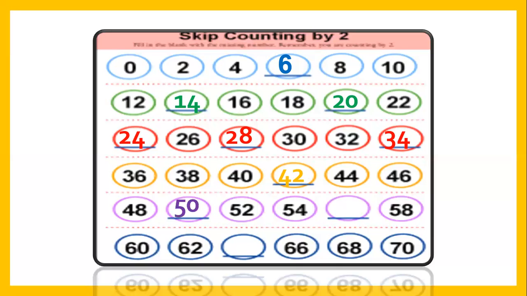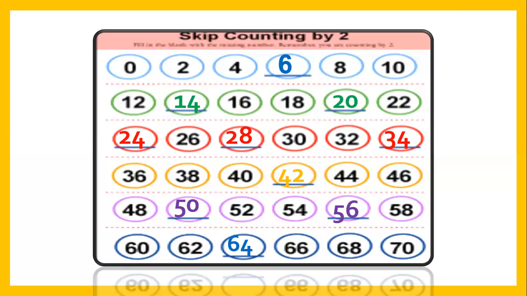Next to 50 is 52, 54, 56, 58, 60, 62. What is the missing number? Next number to 62 is 64, 66, 68, 70. So these are skip counting by 2 from number 0 to number 70.